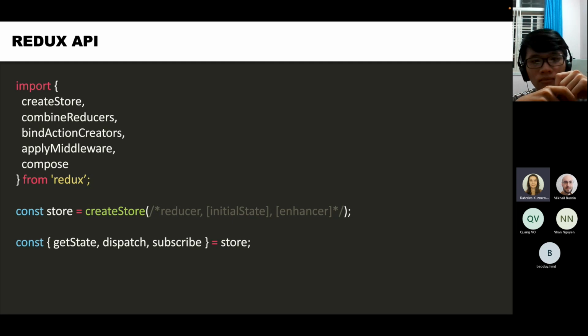And what does it return? An object that holds the complete state of your application. The only way to change its state is by dispatching actions. You may also subscribe to the changes to its state to update the UI.